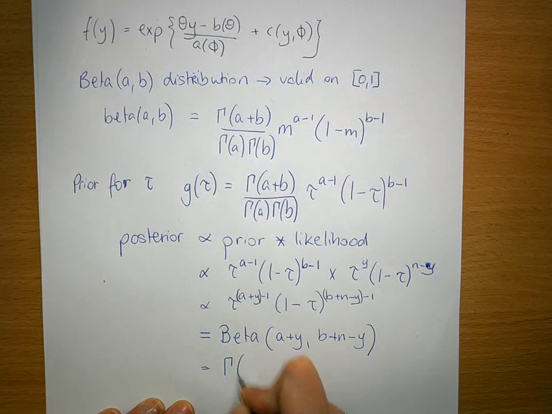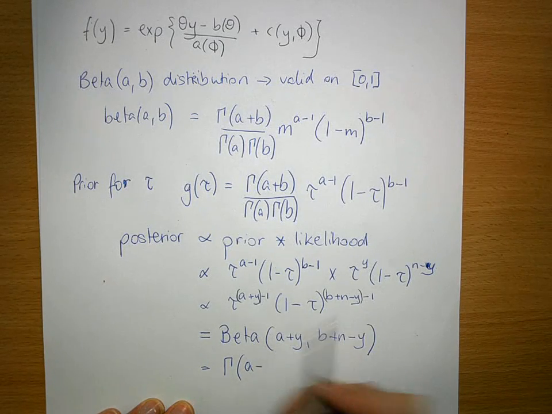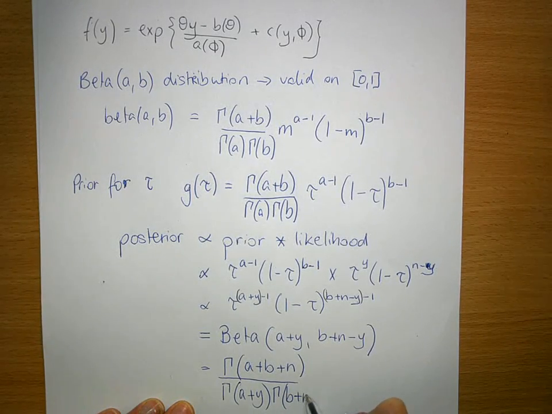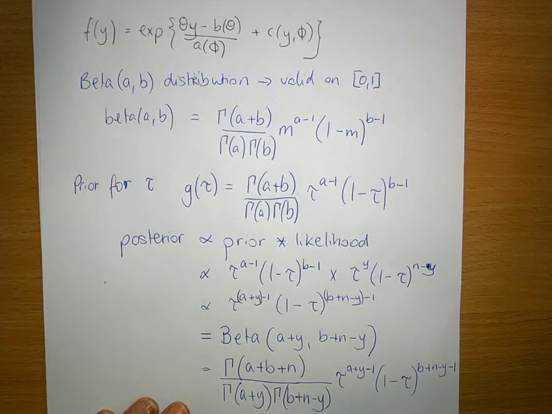Formally you can go, it's gamma of a plus y plus b plus n minus y, so the y cancels out, giving a plus b plus n, divided by gamma(a plus y) gamma(b plus n minus y), times tau to the a plus y minus 1, 1 minus tau to the b plus n minus y minus 1.